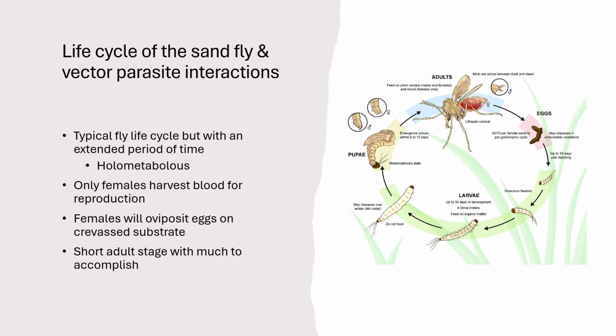Over the span of a few weeks they'll be in the larval stage and then go into the pupal stage. After this, they'll spend around 4 to 6 days in the pupal stage, and then they will emerge as the adult sandfly. The adult sandfly has a pretty short lifespan, so they have a lot to accomplish within that limited amount of time.